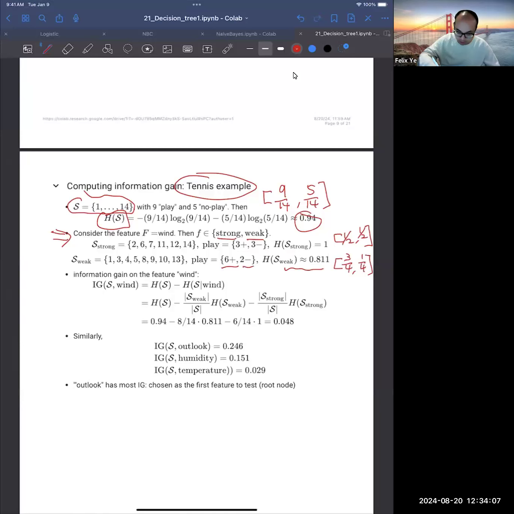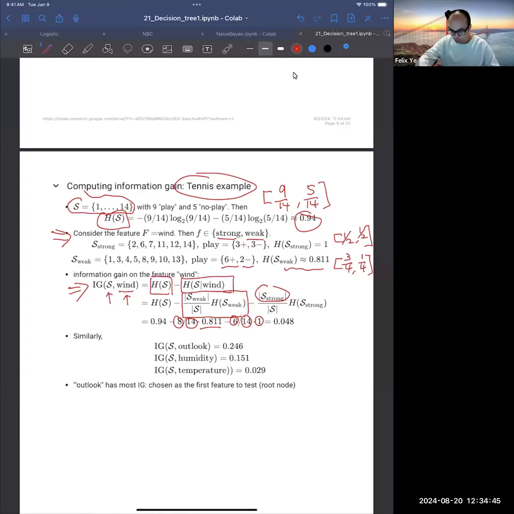Then my information gain for the whole set on the feature of wind is nothing but H(S), which we already know, minus the conditional entropy on the feature of wind. It is calculated as follows: 8/14 for the weak set, multiplied by 0.811, plus the strong one, 6/14, multiplied by 1.